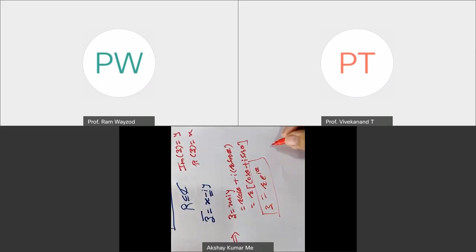This expression is known as the Euler form of a complex number.